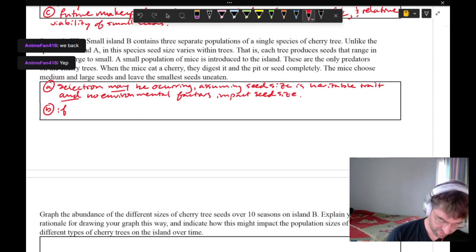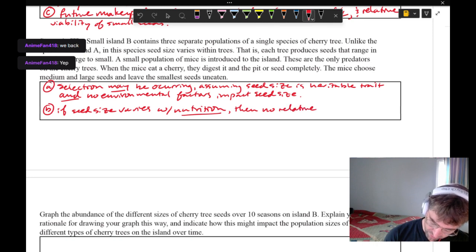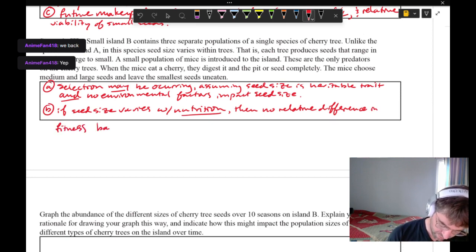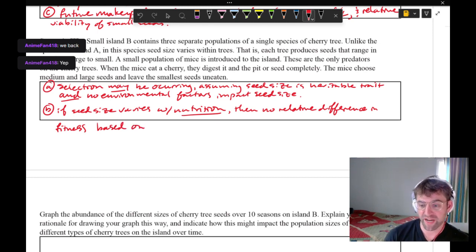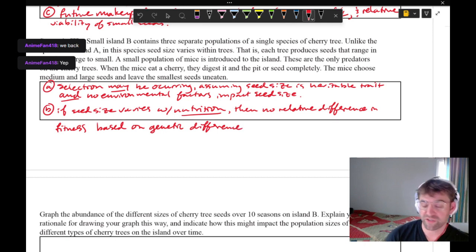So if seed size varies with nutrition or some other environmental factor, then there's no relative difference in fitness based on heritable traits, based on genetic differences in size. Or there's no genetic difference in fitness.